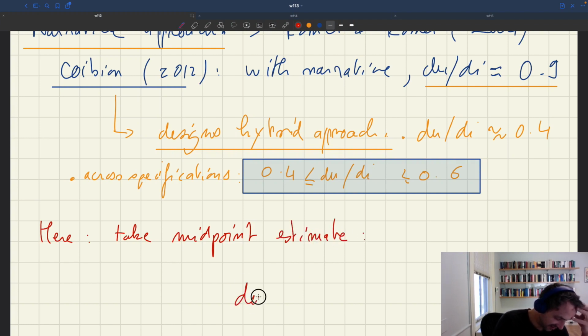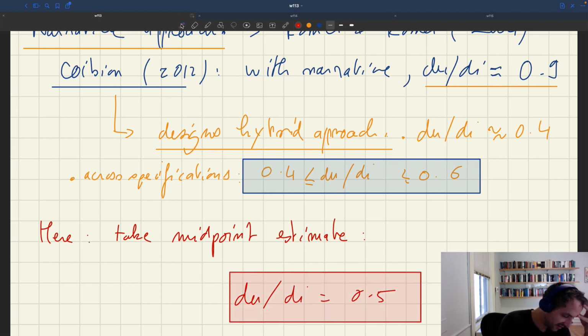And so that's going to give us, as a starting point, du/di equal to 0.5. I think that's a good starting point. And then we're going to use that now to study optimal monetary policy, and then see also whether what the Fed does is in line with what comes from these estimates.